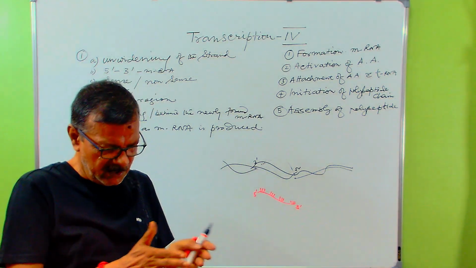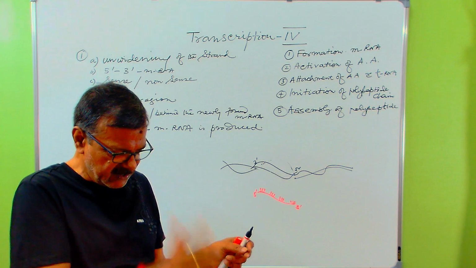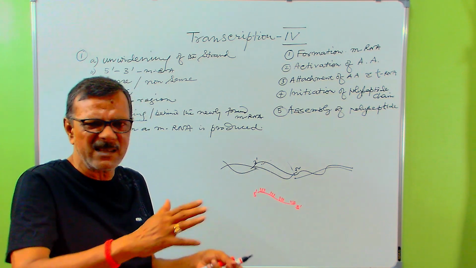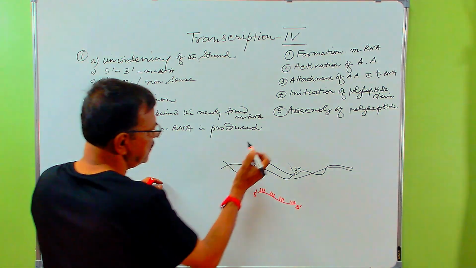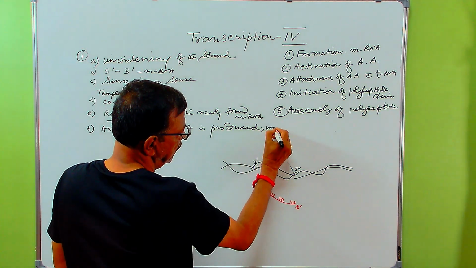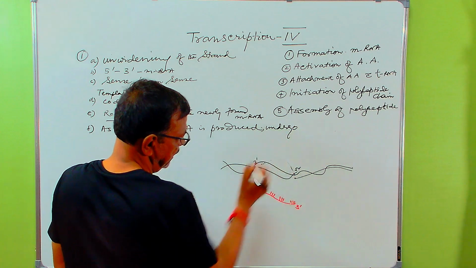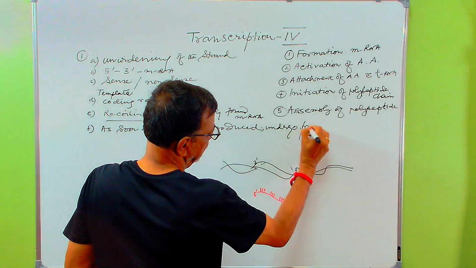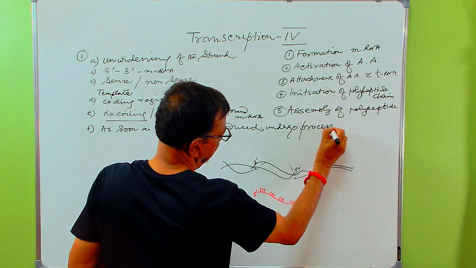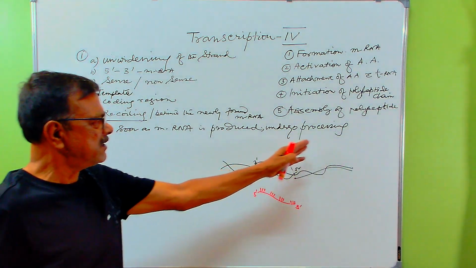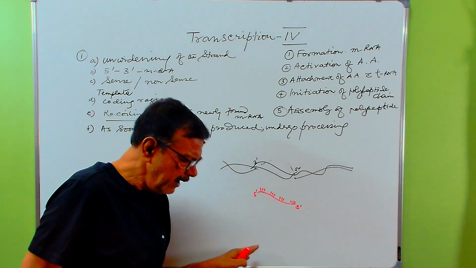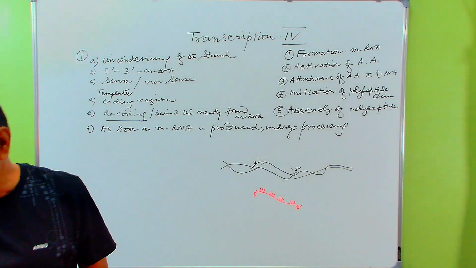Splicing is like slicing bread. So as soon as it is produced, it undergoes further processing and comes out to the ribosome, touching the ribosome.